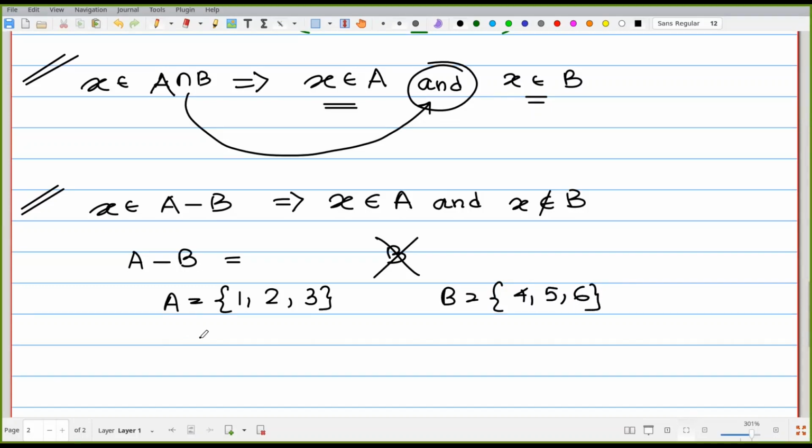So A minus B means we are removing B at first, only writing 1, 2, 3. Then take the common elements from A and B.